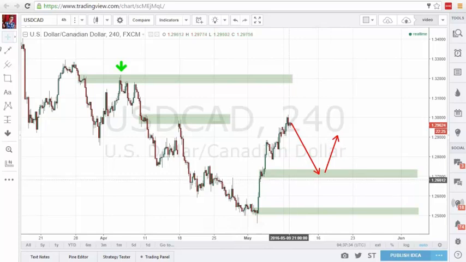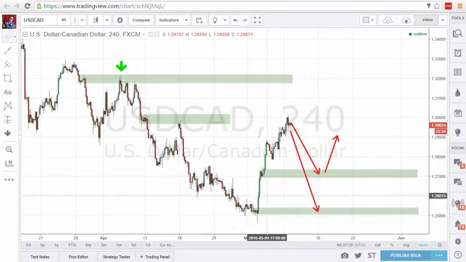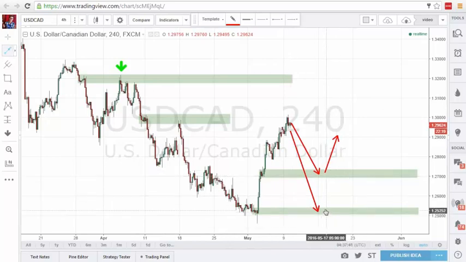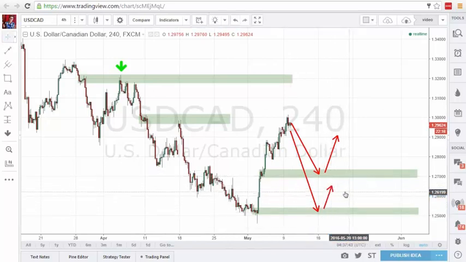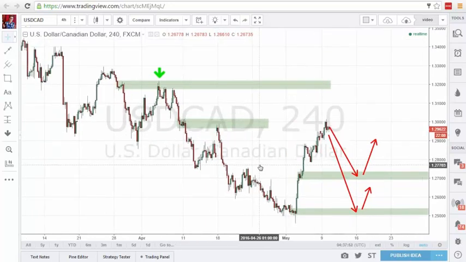If this one breaks, then we just wait for price to move into the next demand zone, and if now we find more buyers again, then we trade long from this demand zone. And that's basically how you use the concept of supply and demand across all the Forex markets.